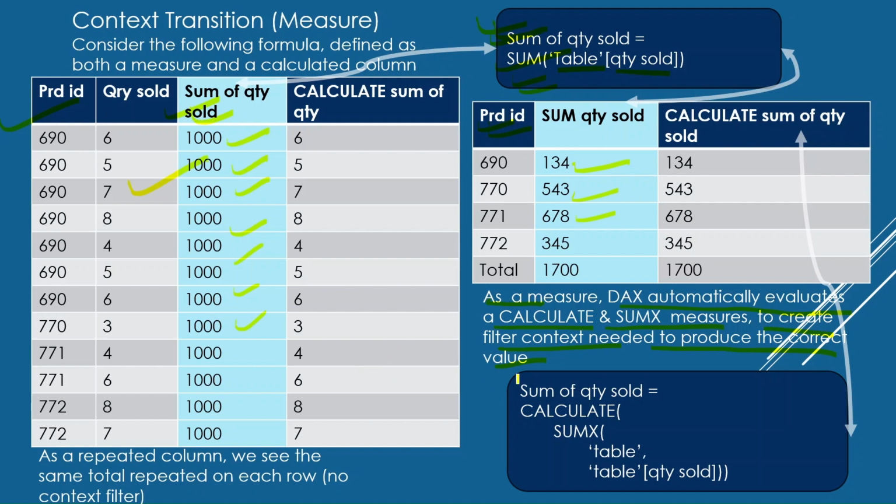We can see here we also created a measure with the help of a calculate, and we are visualizing it with a table. The same value is visible here. So in measures, either you write calculate or you write a simple measure, the filter context will be automatically transitioned.